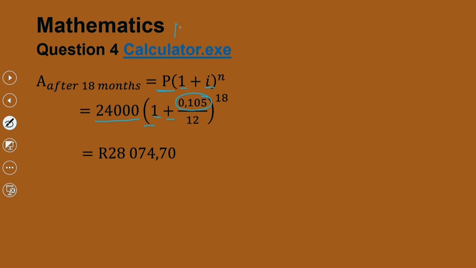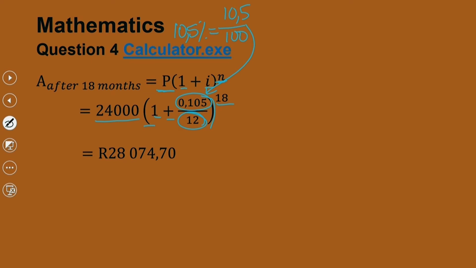Remember, we said 10.5% can be written as 10.5 over 100, which can also be written as 0.105 as a decimal number. Because it's compounded monthly, how many months are there in a year? 12. Then we divide that by 12, and then we close the bracket, everything to the power of n, which is 18.